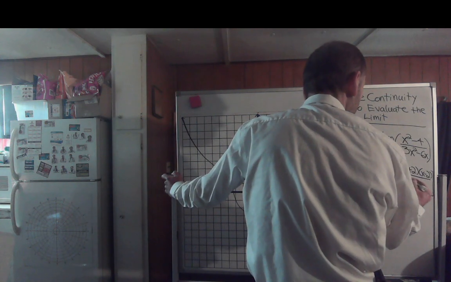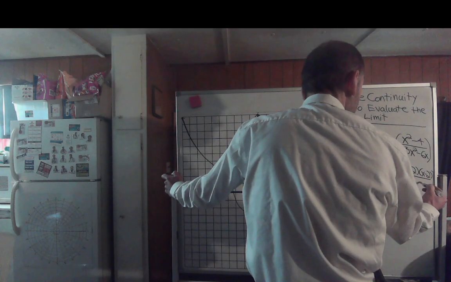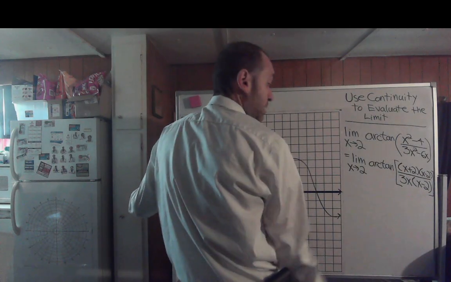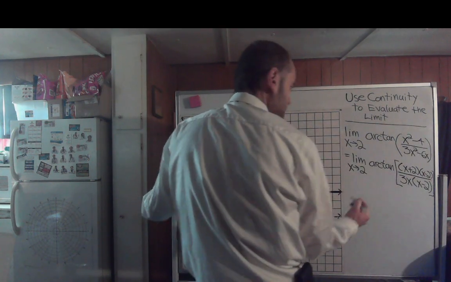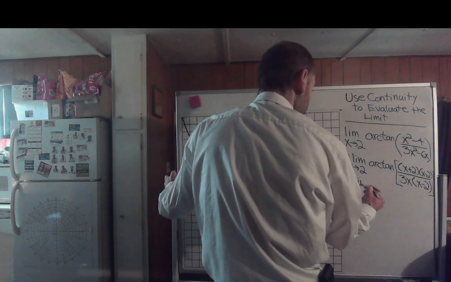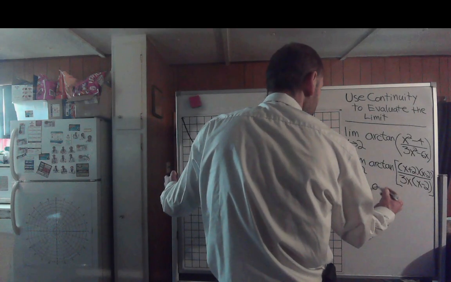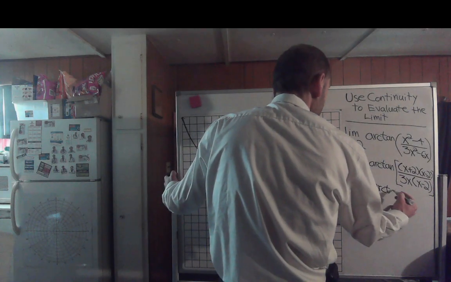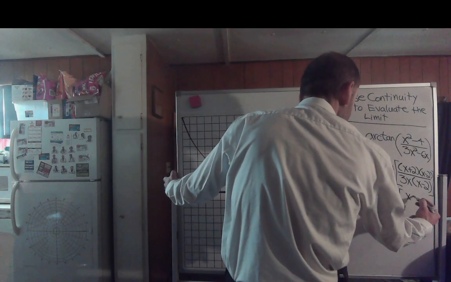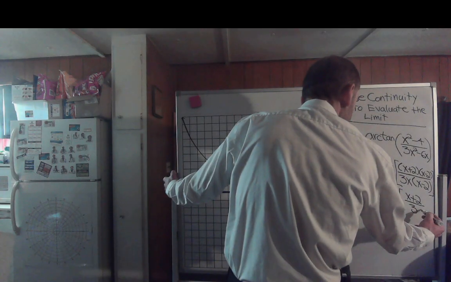This would turn into 3x times x minus 2. Well, now we notice you have a common x minus 2 that'll cancel out. So this would turn into the limit as x approaches 2 of the arctangent of x plus 2 over 3x.